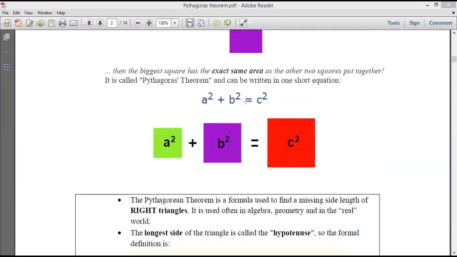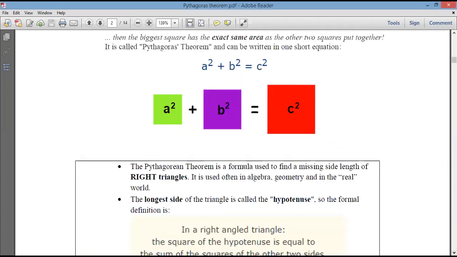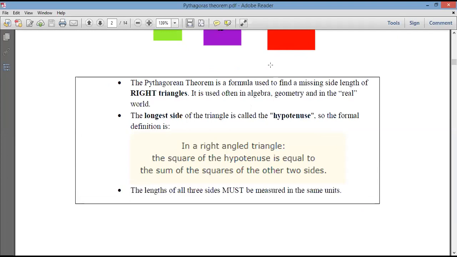Pythagoras theorem is the formula used to find a missing side length of right triangles. It must be a right angle triangle. If you have a right angle triangle, then you can apply Pythagoras theorem to help you find out the length of one of the sides.